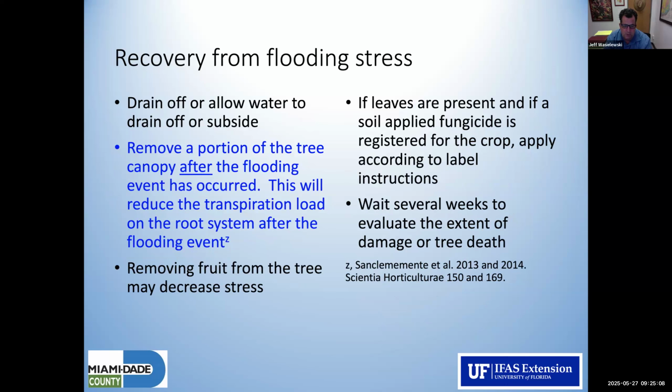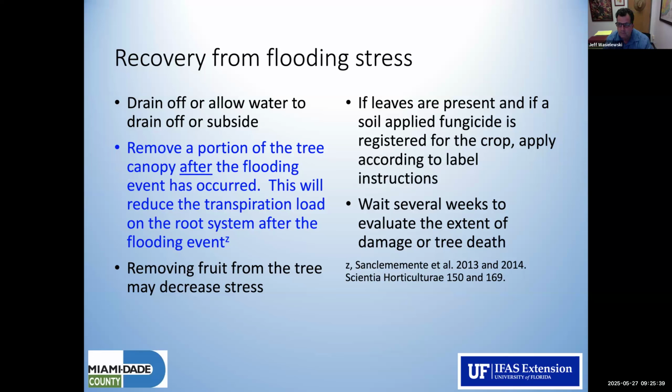So just like you would do after a hurricane when you reset a tree, or during a drought, you're going to take off some of those leaves so it doesn't lose so much water out of the leaves. This will reduce the transpiration load on the root system after the flooding event. You can also remove the fruit. Remember, we said the fruit pulls a lot of energy from the tree, so let's take that off.